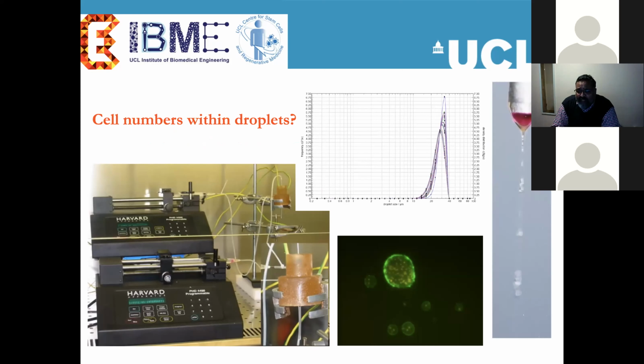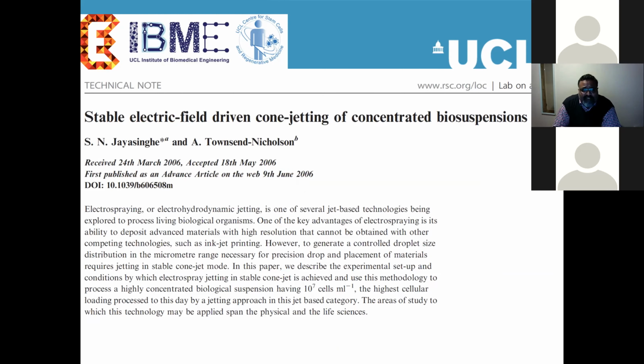Obviously that's a cell media that is high in conductivity and low in viscosity, and the outer needle holds a liquid, a polymer, that is high in viscosity and low in conductivity. Therefore we were able to get a monodistribution of droplets, or a single peak. This was the article that we published in 2006, showing that you can actually make stable jets from highly concentrated cell solutions.